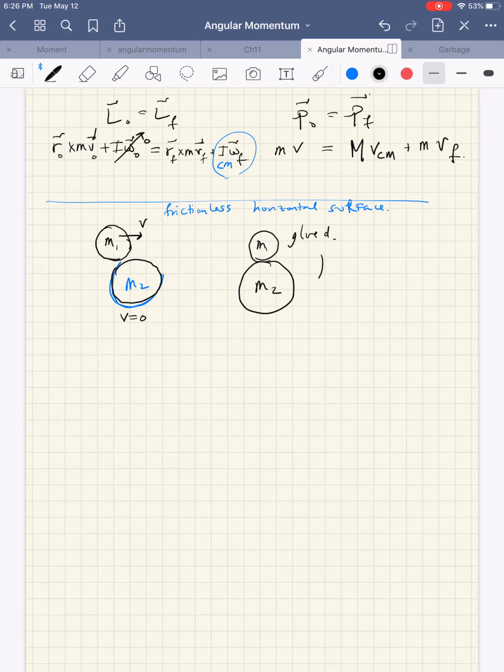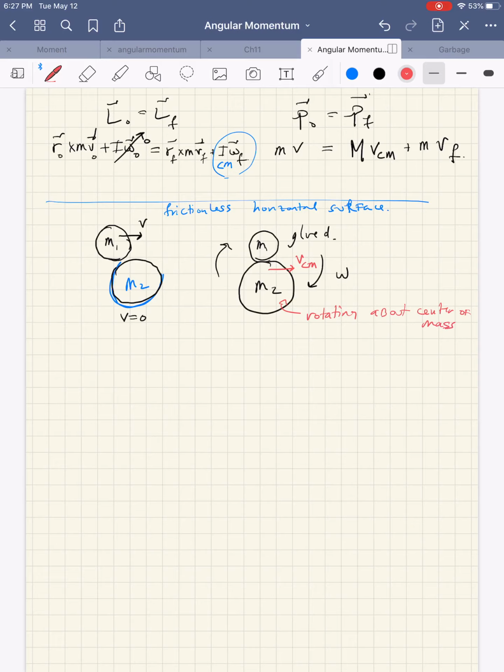And so what happens is this whole thing will then start to rotate. And the center of mass will start to translate too. Just like in our previous problem that we were just looking at. But it should be known that this thing is rotating about the center of mass.